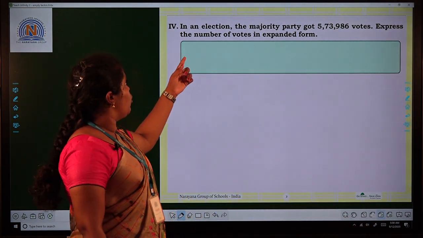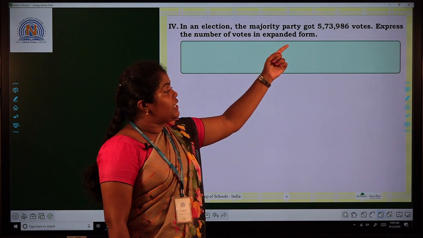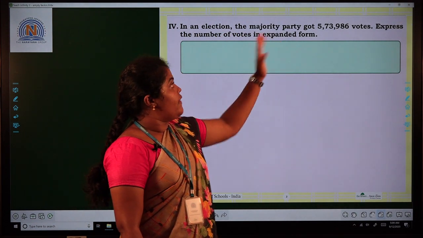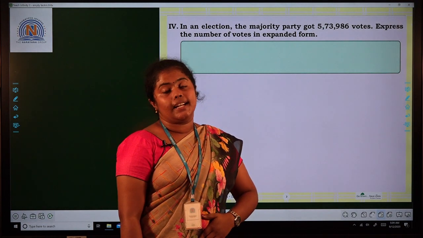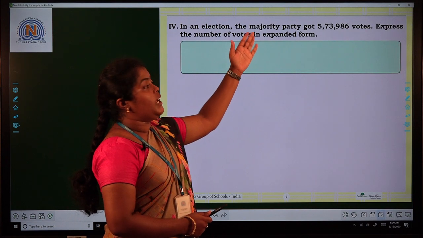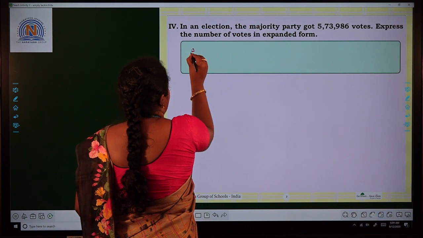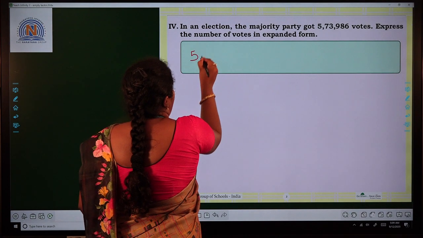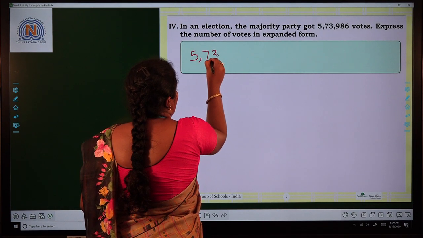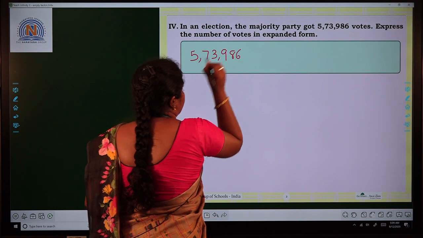In the fourth question, in an election, the majority party got 5,73,986 votes. Next, express the number of votes in expanded form. So they have given one number, 5,73,986.